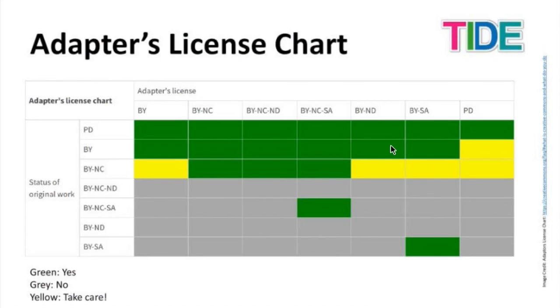There's also an adapters license chart, and on the right hand side there are links to more information about these. This one is for if you make an adaptation of a resource.